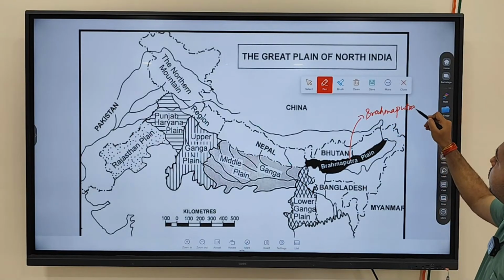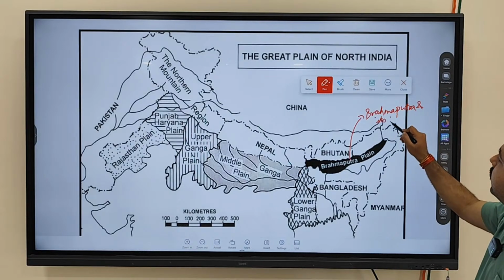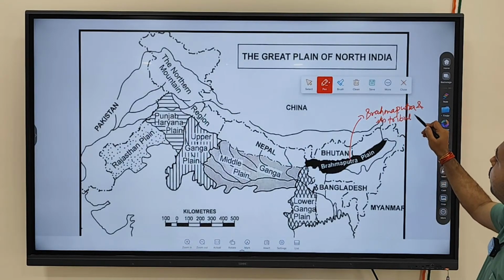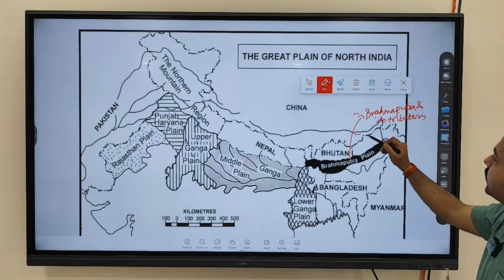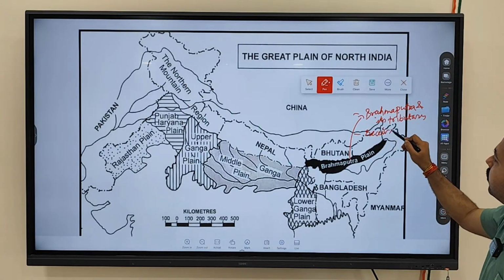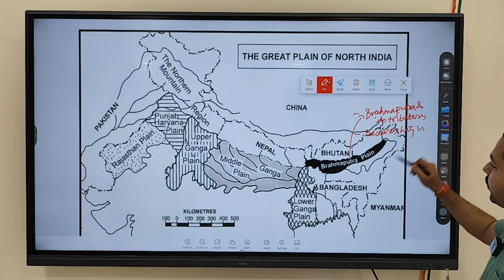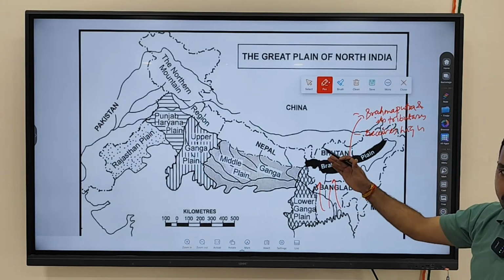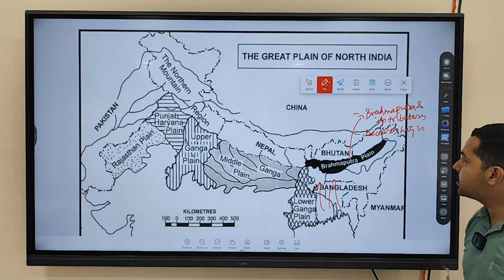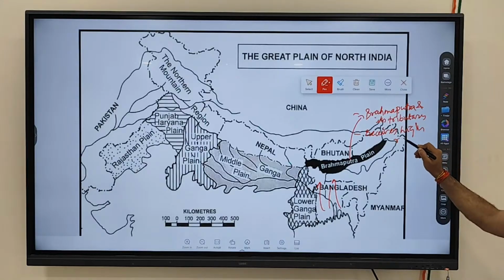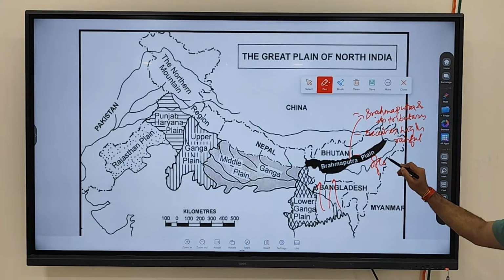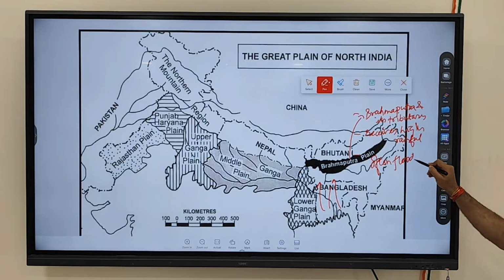Again, since this northeastern region receives a very high amount of rainfall, remember the eastern Himalayas, as we just discussed, block the monsoonal wind, so that's why the northeastern region receives high rainfall. That's why the Brahmaputra is often flooded in the monsoonal season.